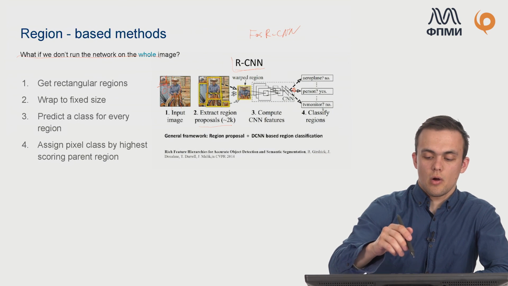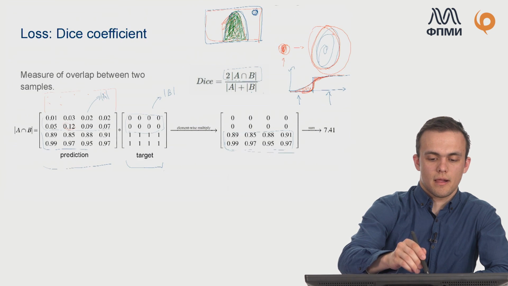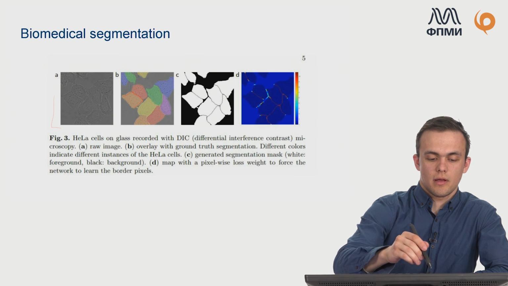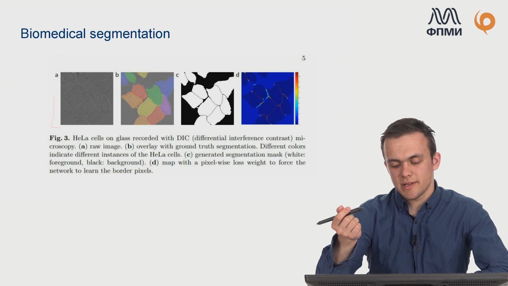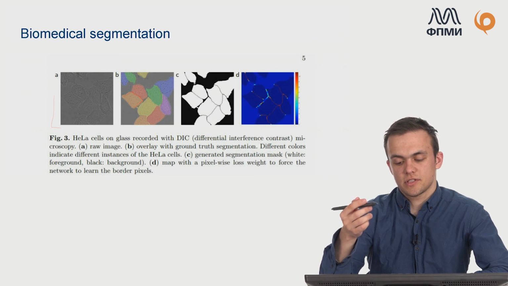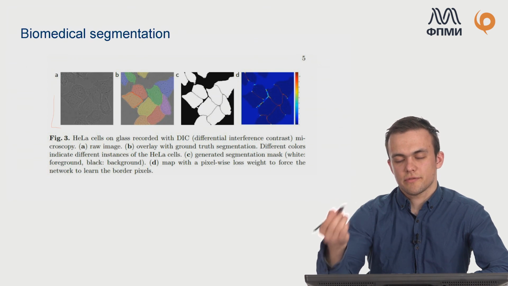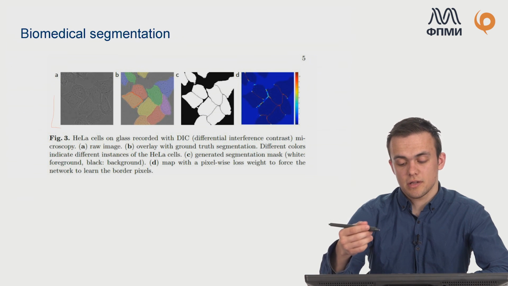So again, with semantic segmentation, we just label every pixel as to whether it belongs to a particular class or not.